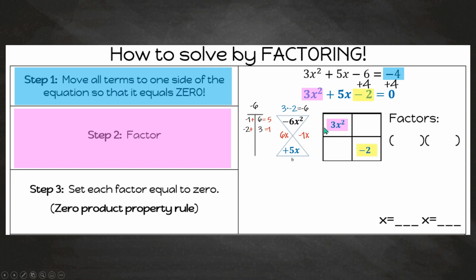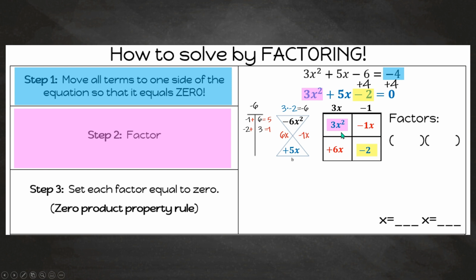Remember, my A term goes in the top left, my C term goes in the bottom right, and the B term that I just split up goes in the other two boxes of my area model. Now I look for my greatest common factor between 3x squared and 6x. My greatest common factor is 3x. With negative 1x and negative 2, my greatest common factor is negative 1.